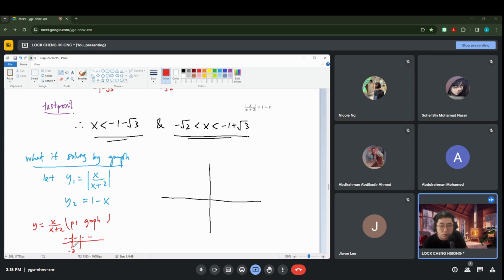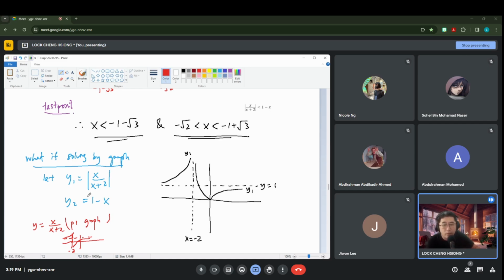And it's 0, 0 here, and 0 here. So for the first graph, you have y equals to 1, x equals to negative 2, this is your y1 from graph transformation.